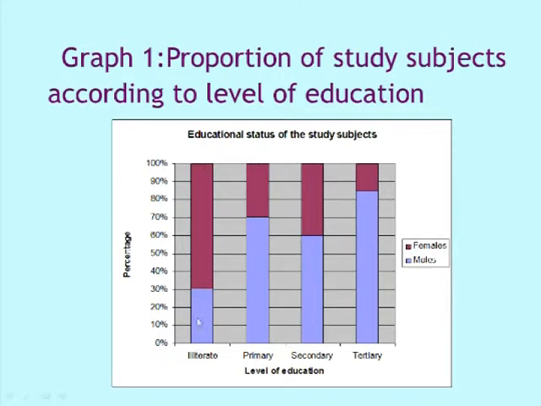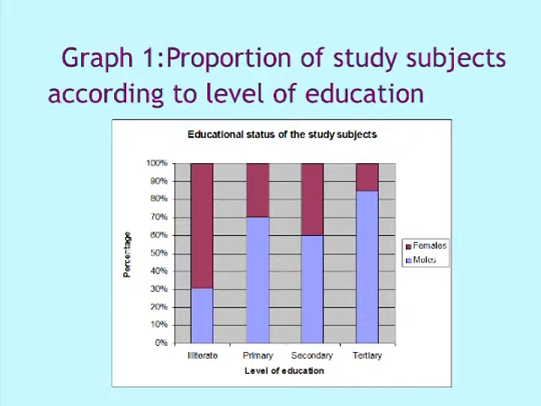So out of the total males and females, 30% are illiterate. Here 70% have primary education, the males, whereas the females have only 30%. So each bar gives you a total of 100%, which is opposite to what we learned earlier when we talked about only one variable like BMI being depicted in the bar chart.